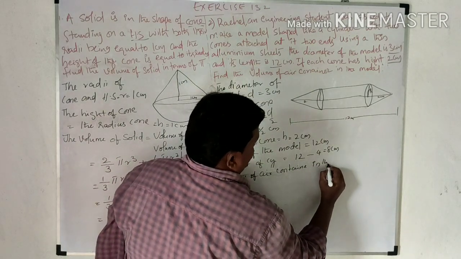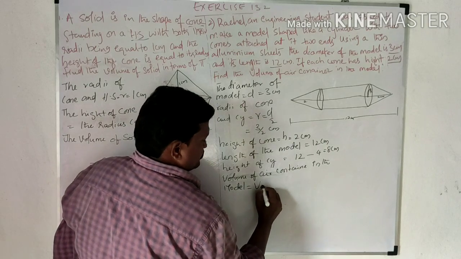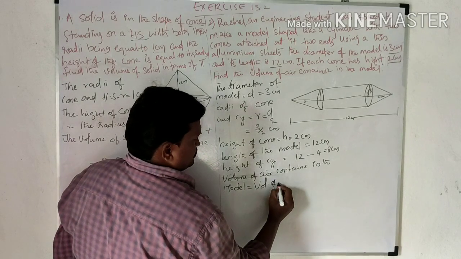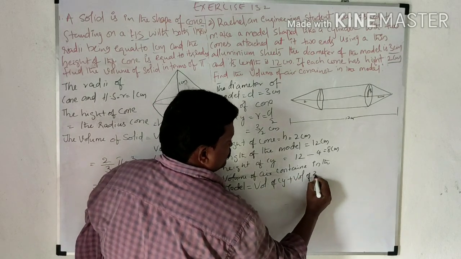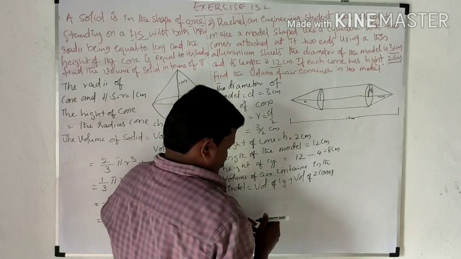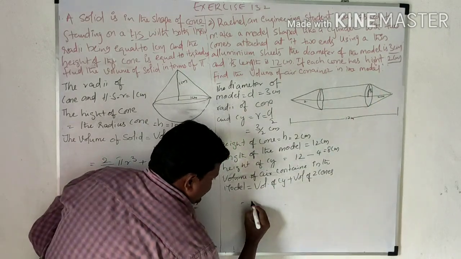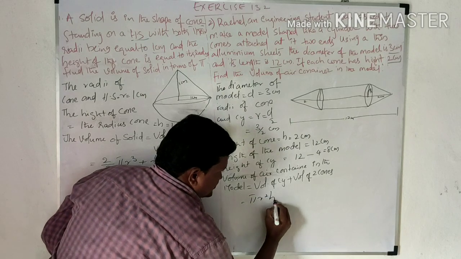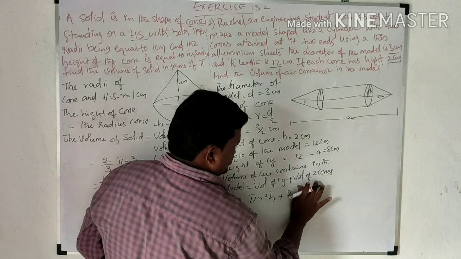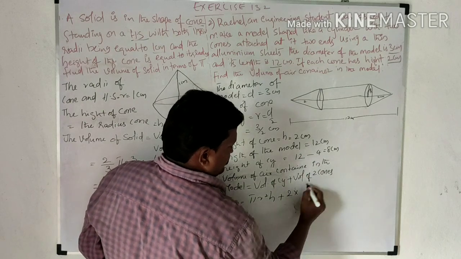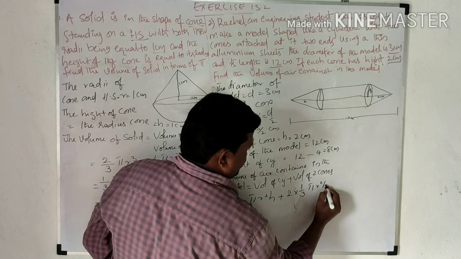Volume of air container in the model is equal to volume of cylinder plus volume of two cones. Okay, volume of this cylinder plus volume of these two cones. Volume of cylinder is pi r square H. So two cones means 2 into volume of cone, which is 1 by 3 pi r square h.